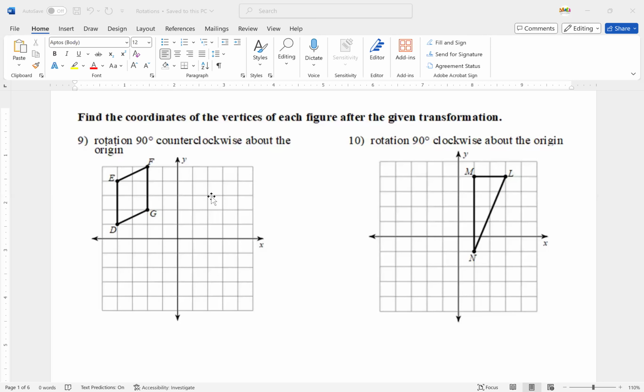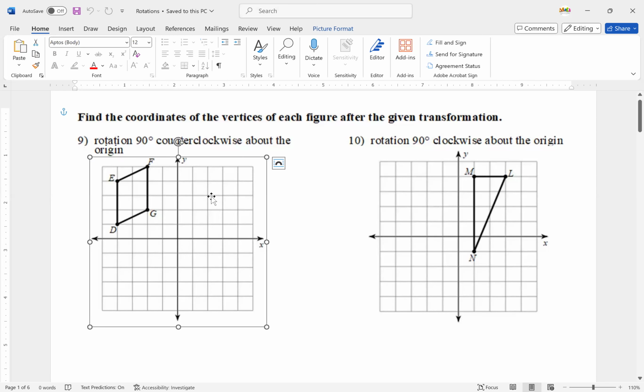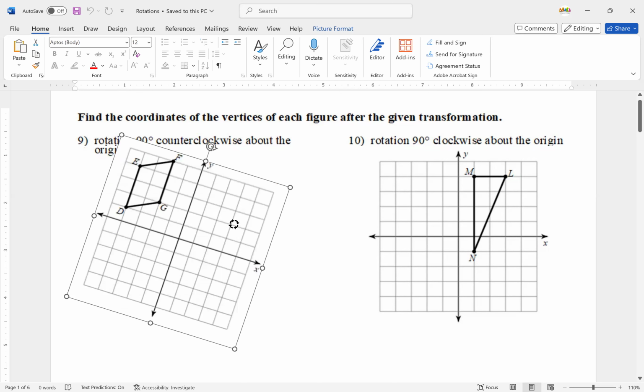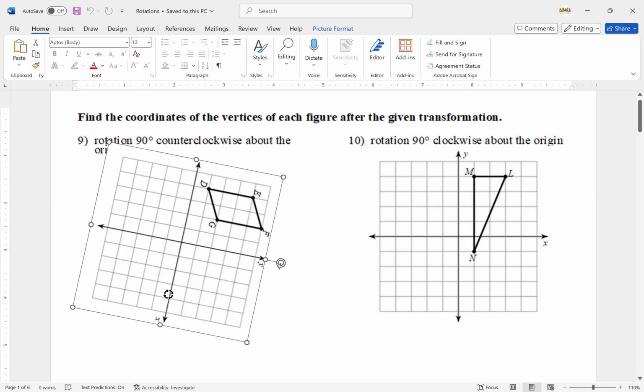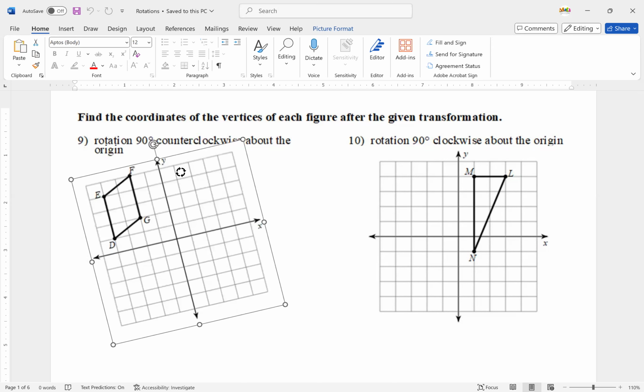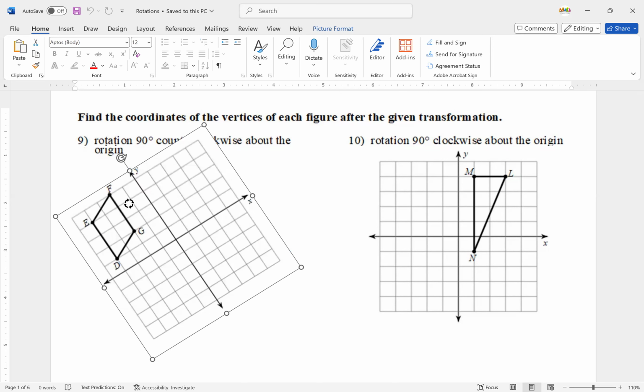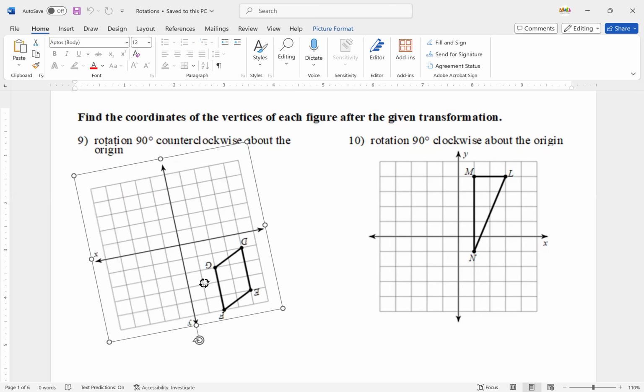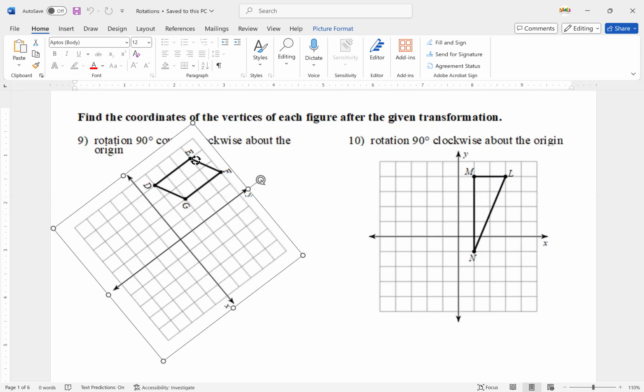So let me take a look at this way instead. Let's say I grab my picture on number 9. I'm going to rotate it. Here I cannot turn the screen, but in your case, you can literally turn the screen. So in my case, I'm just going to rotate the picture, right? I'm going clockwise. The opposite way is counterclockwise. So you have to know whether you're going clockwise or counterclockwise.